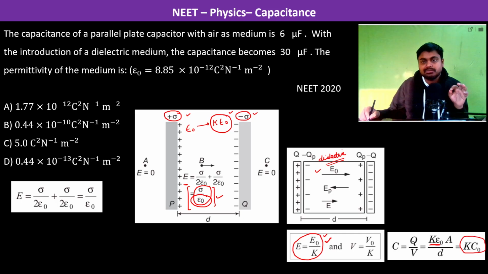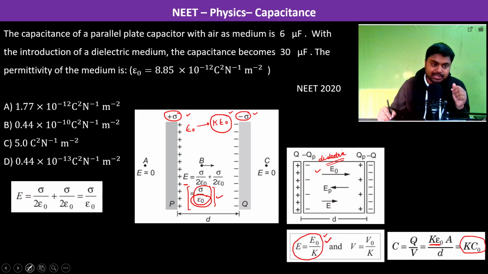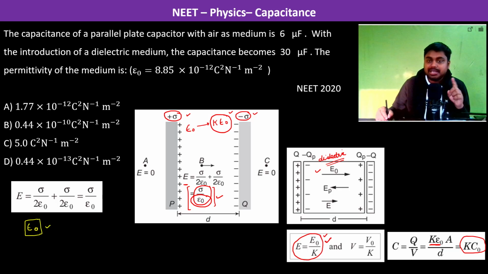So we can keep it as a rule that if in vacuum this is the permittivity, when placed in a dielectric or a medium, the permittivity becomes epsilon naught into epsilon r, or we can say k into epsilon naught.